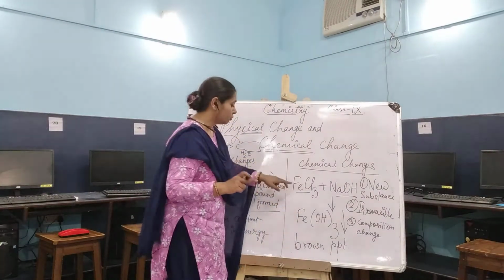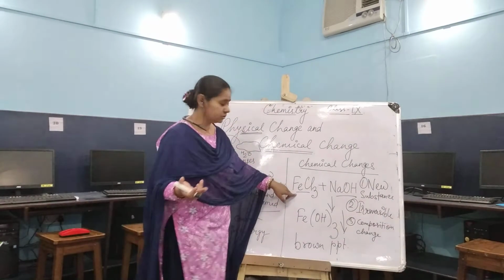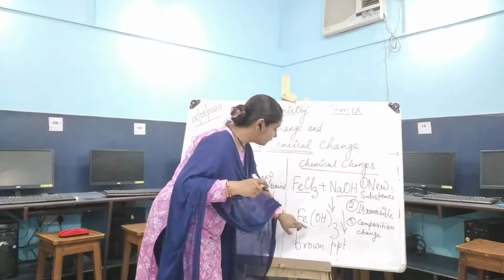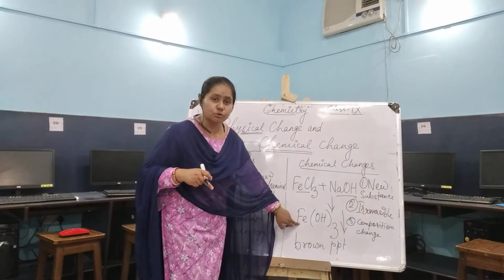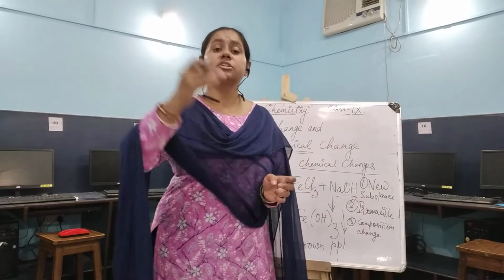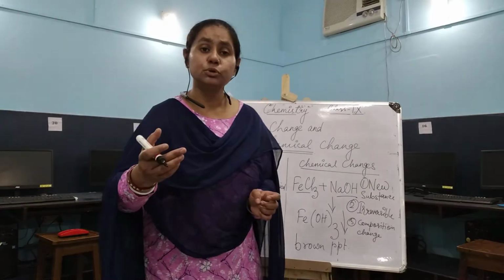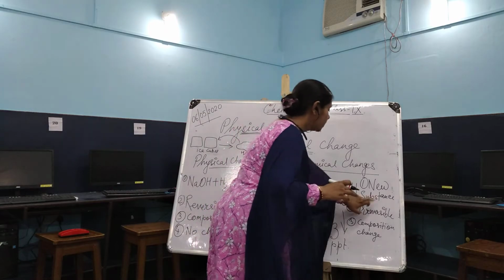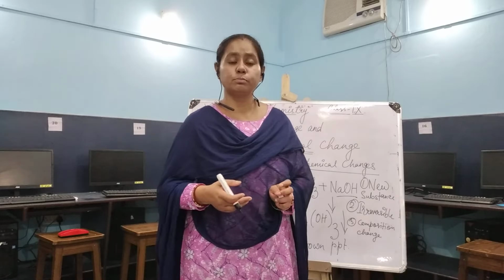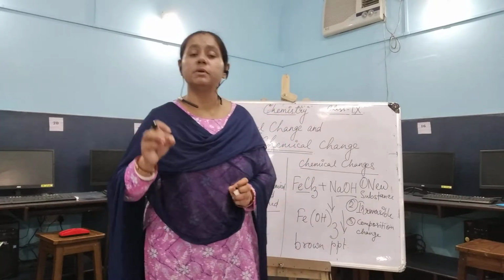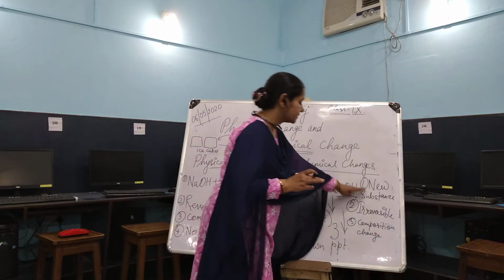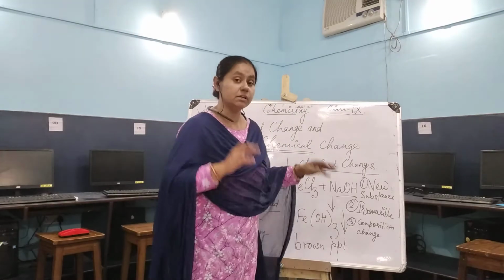Ferric chloride has a different composition, sodium hydroxide has a different composition, and the ferric hydroxide I am getting is also different. So there is a change in composition due to the formation of a new chemical substance. So these are some of the characteristics of chemical changes.